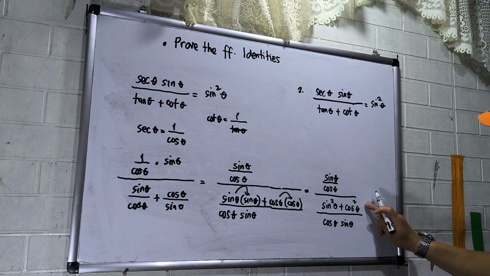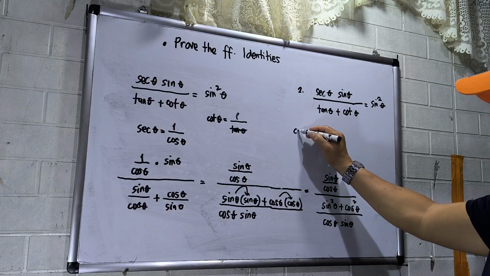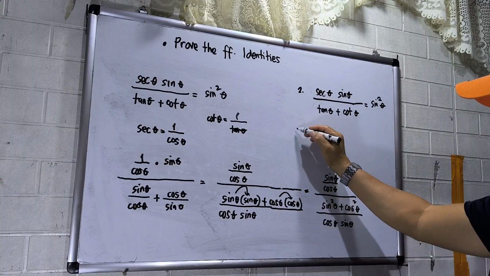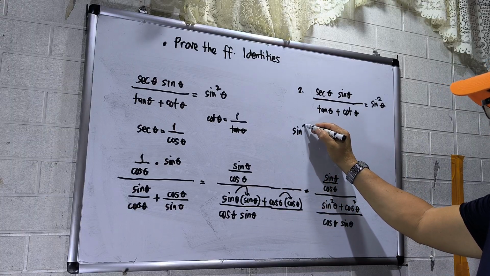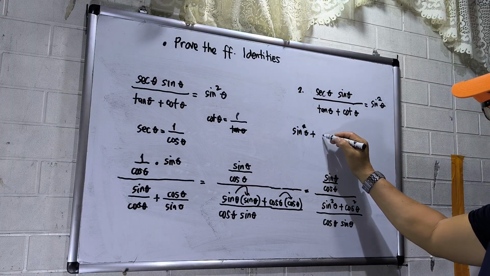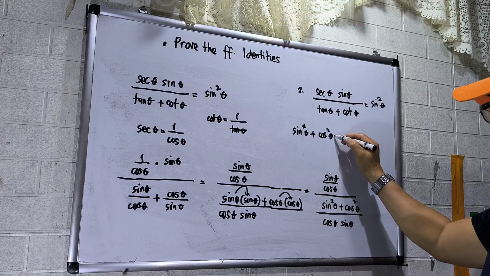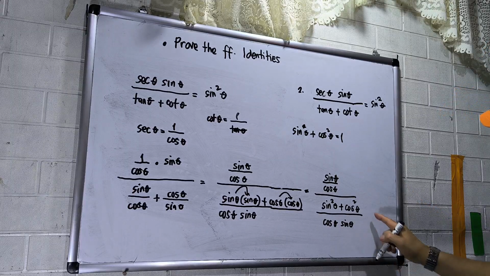So take note: sine squared plus cosine squared theta, these are identities, equals 1. Meaning this is 1.